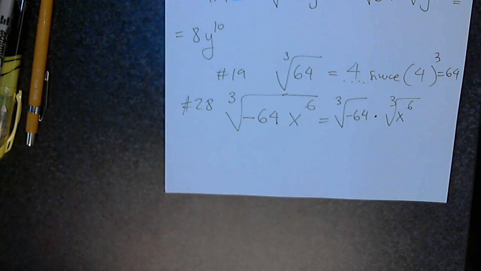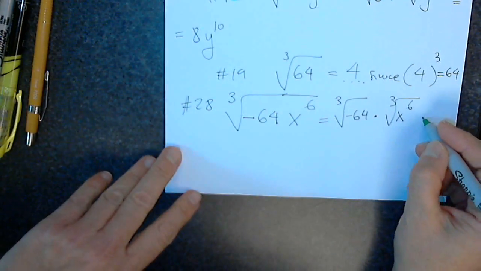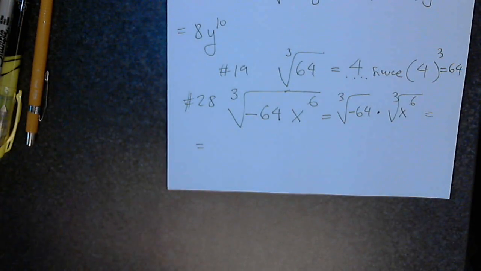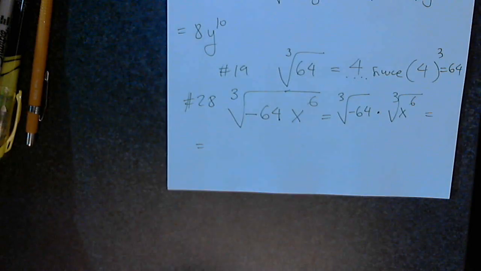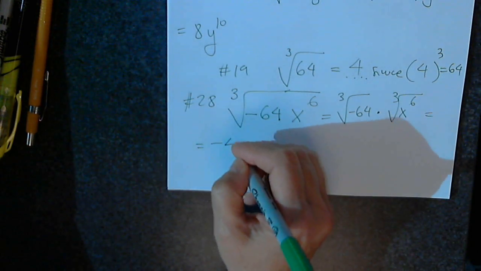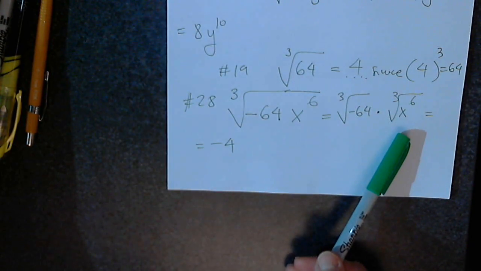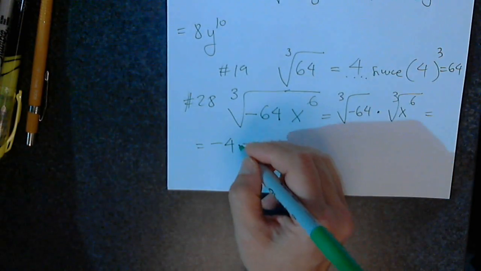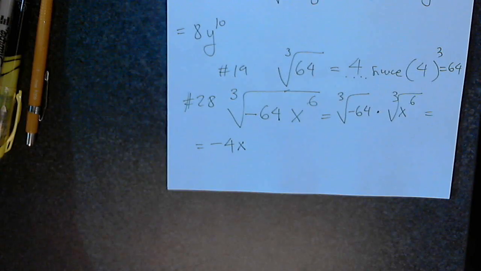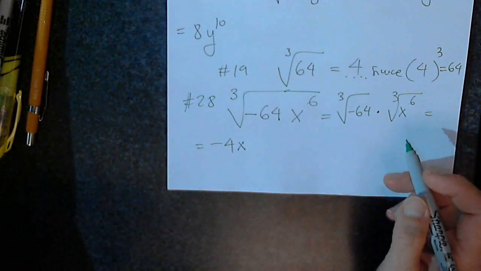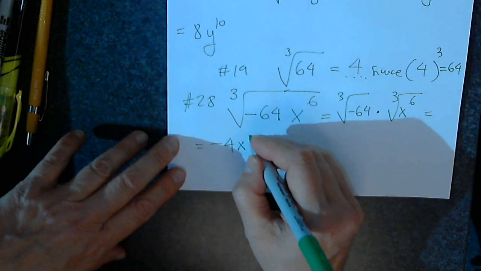I am allowed to do this because the radicand is a product. And now I'm asking myself which number I raise to the 3rd power to get negative 64, and the answer is negative 4. And for this one, I use the very first rule we discussed. I copy x, and the power will be 6 over 3, which is 2. And this is it.